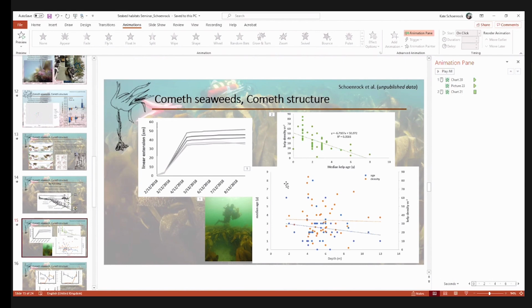There wouldn't really be a cutoff density. It's just kind of a sliding scale, which is best exemplified by this beautiful slope, this negative trend line as you increase age against density.